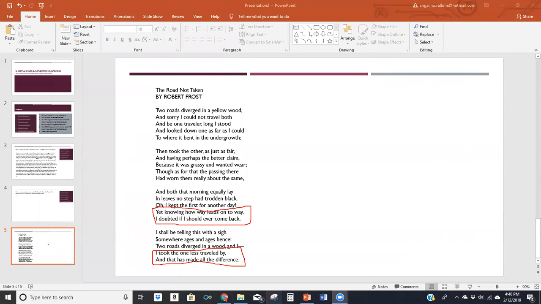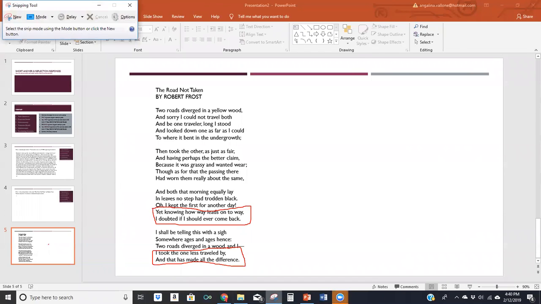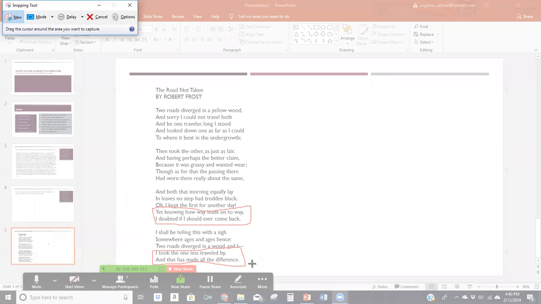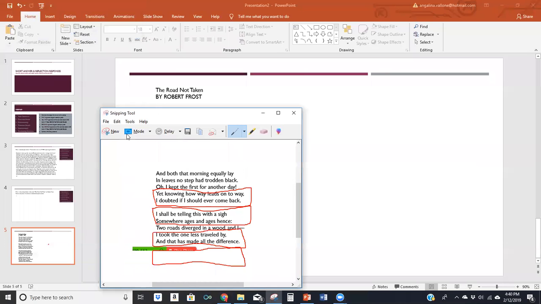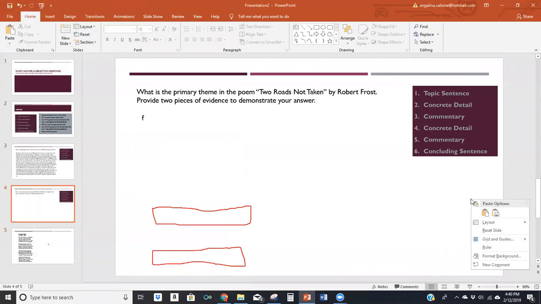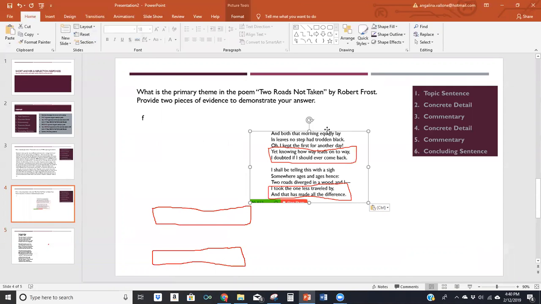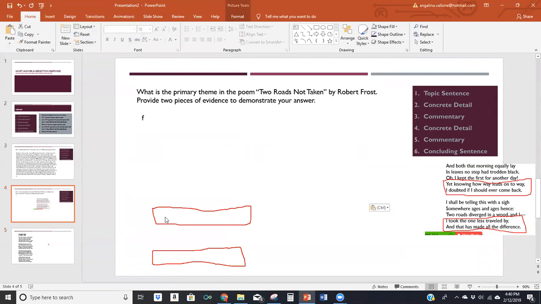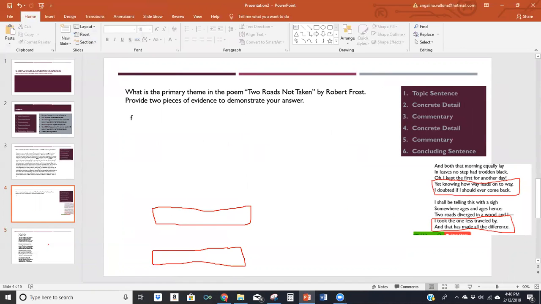I need to save the image here. So I'm going to pull that up, copy it, and then I'm going to come back over here and paste what I've got, just so that I can see it on my screen and you can see what I'm working with. So I need to get rid of the squares really quick. Okay.